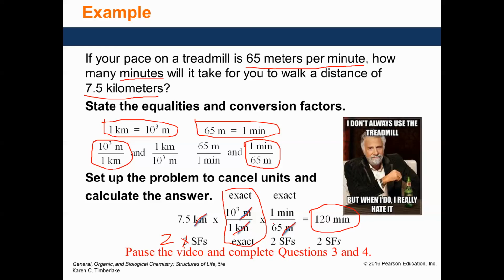And then right here we have 1 minute equals 65 meters. So the minute is exact, but the 65 is 2 sig figs. Usually the ones in these conversion factors are exact, even if it's a measured quantity. And so ultimately we can only know our answer to 2 sig figs because both our measured quantities are only known to 2 sig figs.